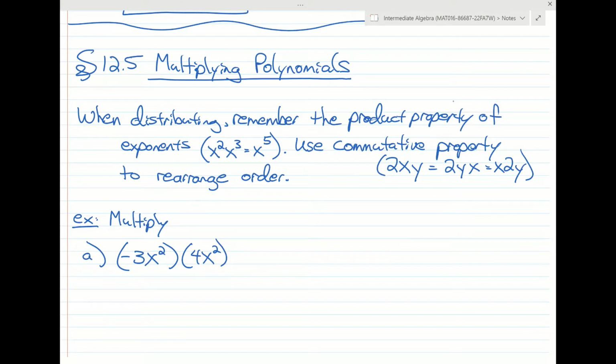Our commutative property says we can rearrange the order, so we could just do negative 3 times 4, and then x squared times x squared. That's the commutative property that tells us order doesn't matter. And this will just be negative 12x to the fourth, because we're adding exponents because we're multiplying the same base.